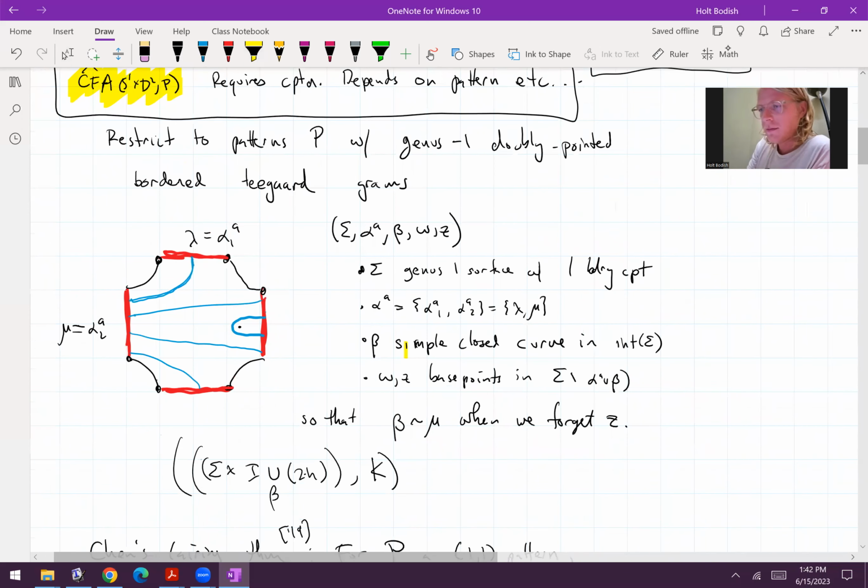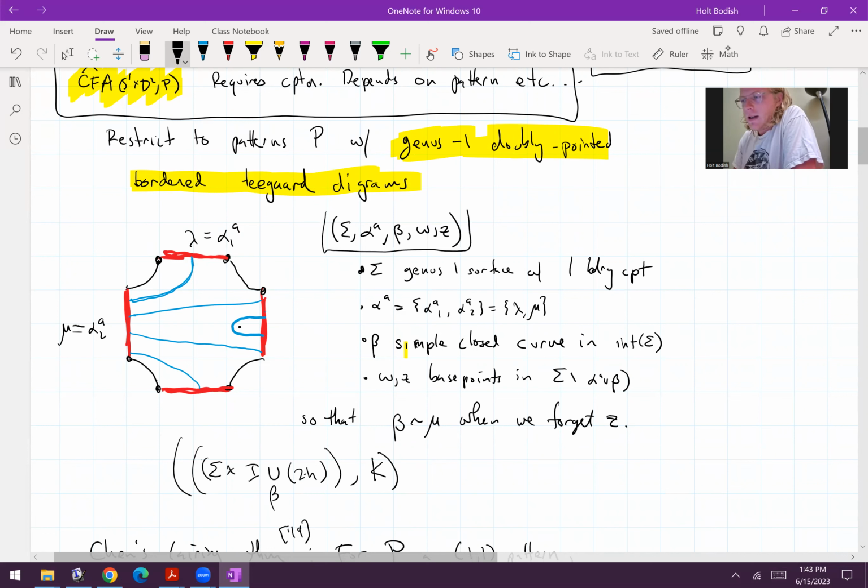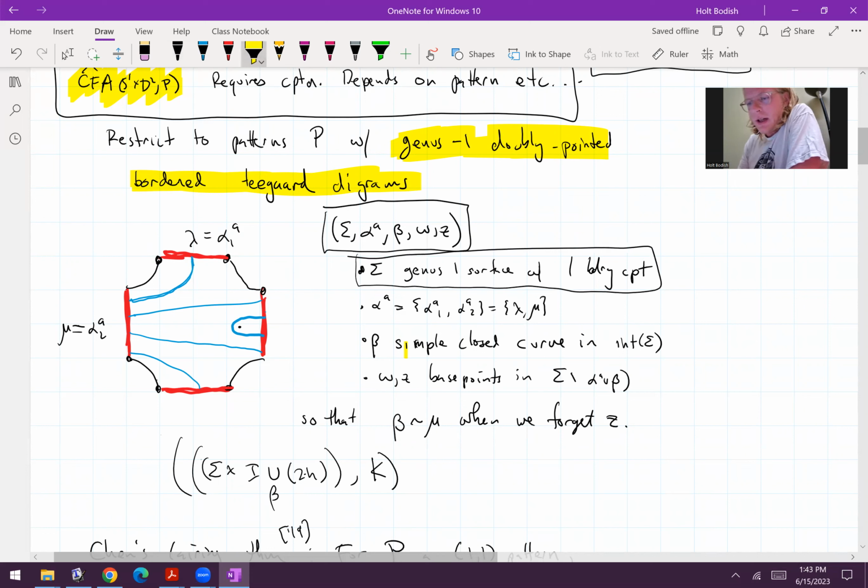And so that's the class of patterns with a genus 1 doubly pointed bordered Heegaard diagram. So let me try to describe what those are right now. It's a 5-tuple of data, sigma, alpha arcs, beta, W, and Z, where sigma is a genus 1 surface with one boundary component, and I've drawn that on the left.